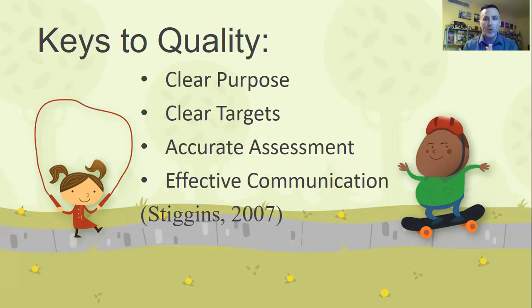Students need to understand why we're taking the assessment, what the purpose of it is, and afterward, there needs to be effective communication and feedback as to what went well for the student, what needs to be improved, and that should be a collaborative conversation so that the teacher understands what the student is lacking, why maybe they're not getting the lesson, and the student also needs to understand where the gap is.